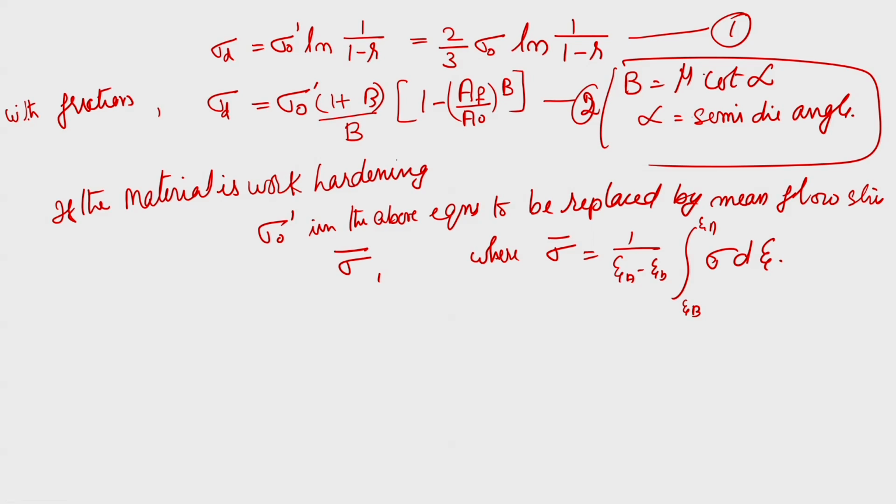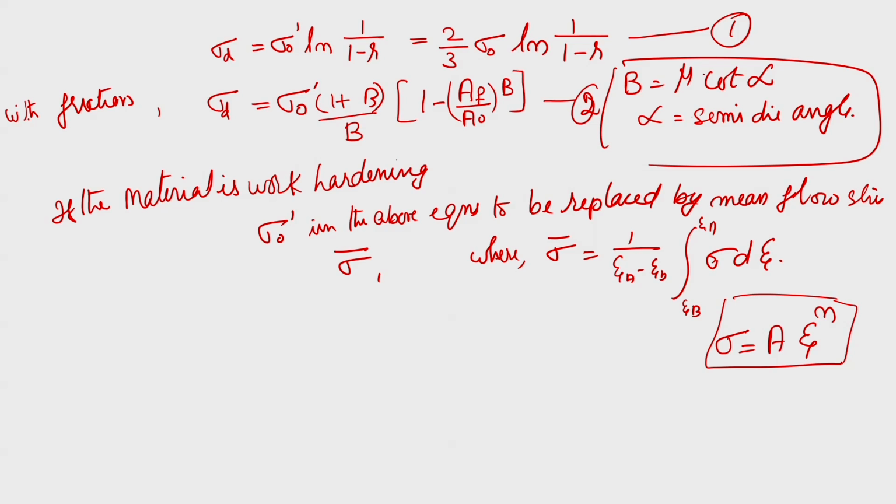Using the average flow stress is a very convenient form, because most of the time we have the expression sigma is equal to K epsilon raised to n, so from this we can derive it very easily.